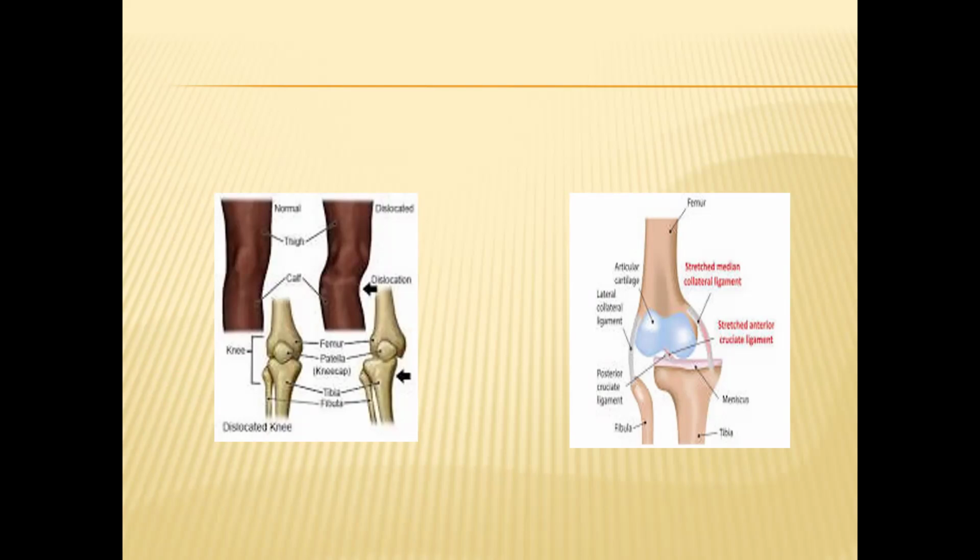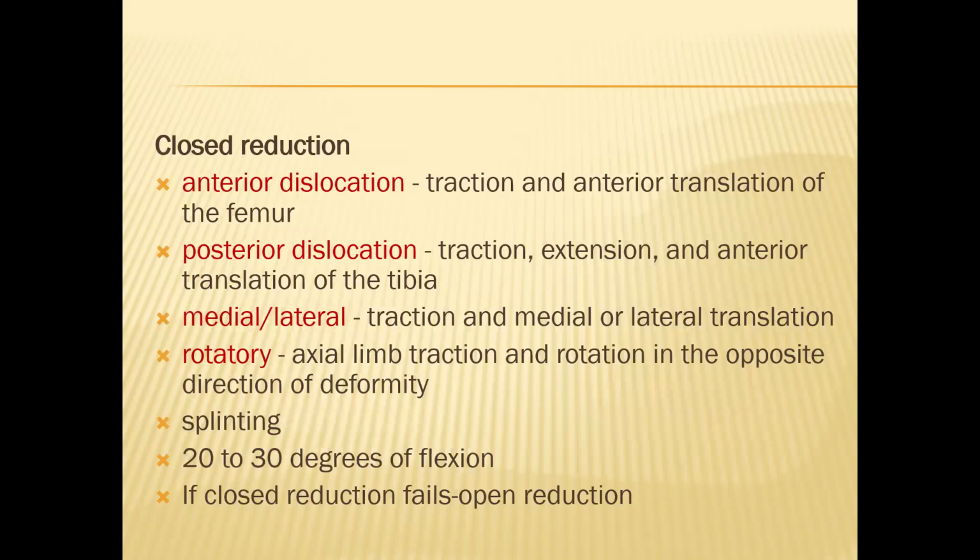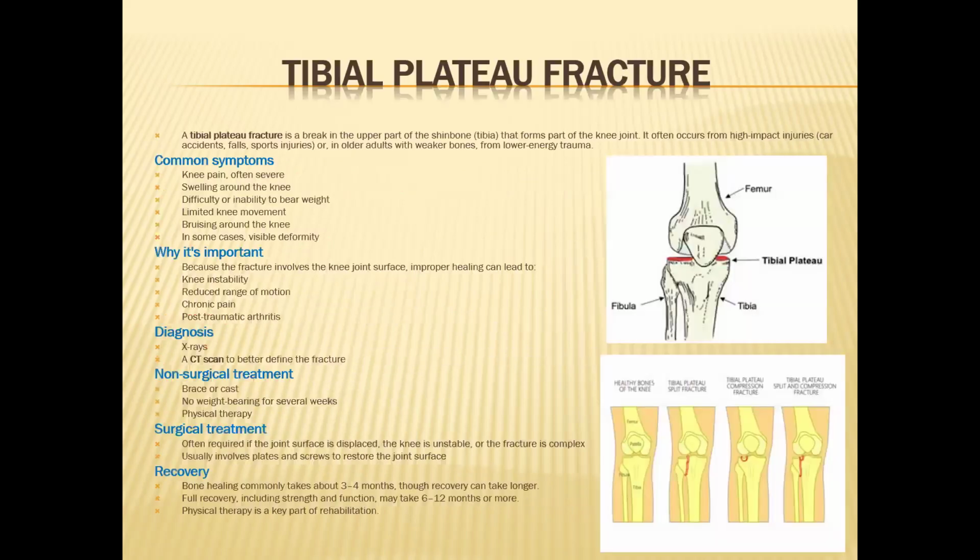If closed reduction fails, this can lead to open reduction and maybe fixation. For us as ER physicians, we should identify this, and it is easy to identify as there is clear deformity. The patient cannot stand and cannot walk.